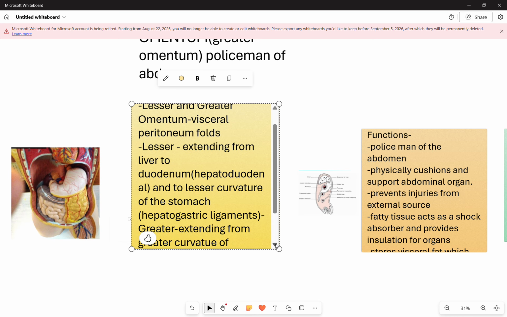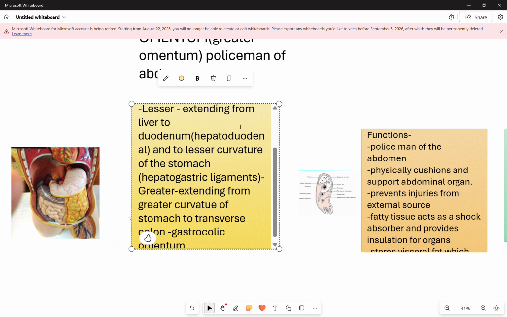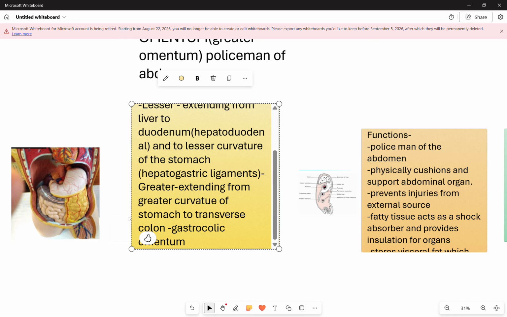The lesser has got two parts, hepatoduodenal ligament and hepatogastric ligaments extending from the liver to the duodenum and stomach. And more important is greater omentum. Greater one extends from the greater curvature of the stomach, goes into the pelvis and turns back, folds back and ascends to the transverse colon. And this is known as gastrocolic omentum.